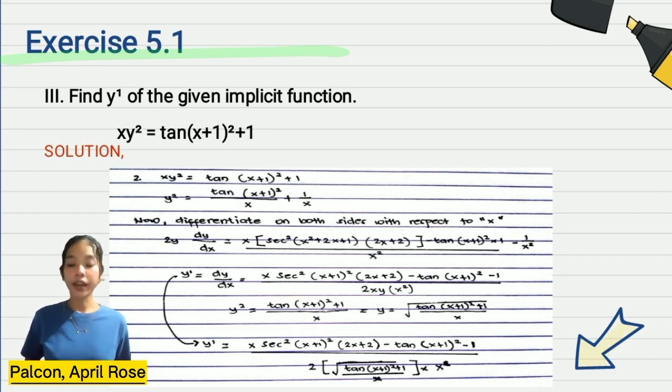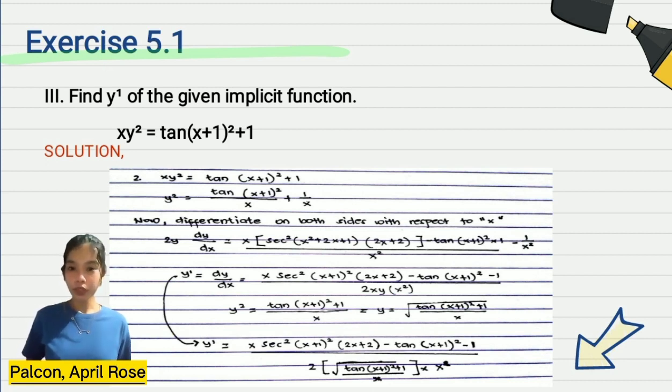So, 2y dy over dx equals x sec squared (x) squared plus 2x plus 1 times 2x plus 2 minus (tan x + 1) squared times 1 over x squared minus 1 over x squared.